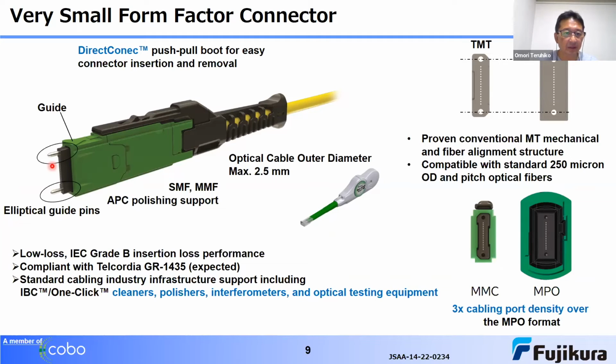Basically, this connector is very similar to the MDC connector. Housing shape is same, but slightly different. And this has some elliptical guide pins here, and there is a guide for connection, and APC polishing support for single mode and multi-mode fiber, and the optical cable outer diameter is 2.5 millimeter at maximum.